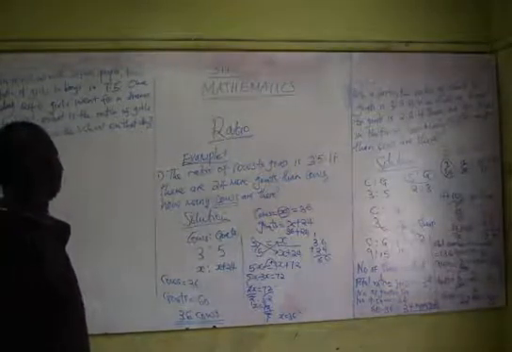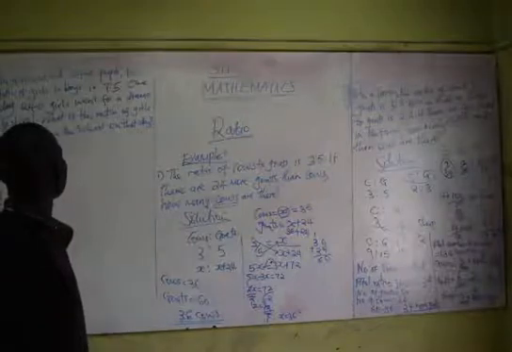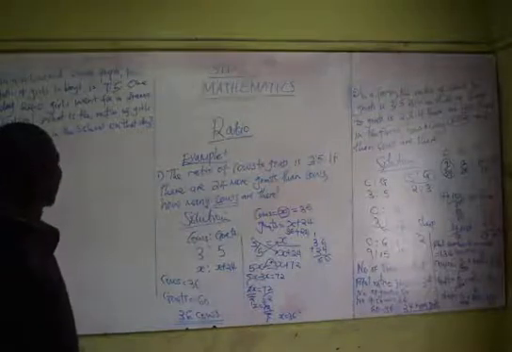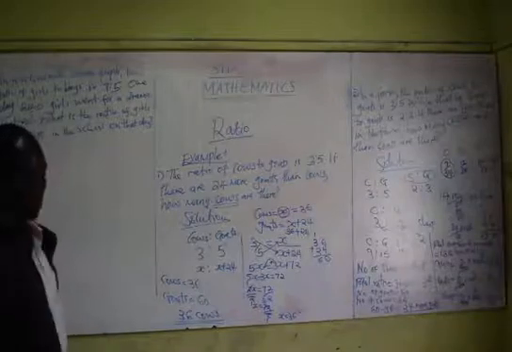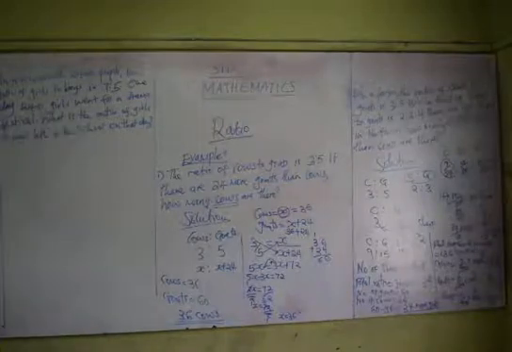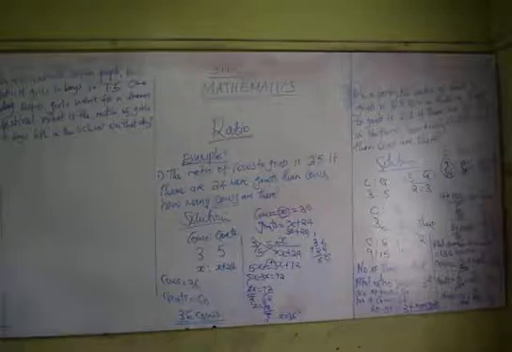Now I want us to look at example number 3. It says, in a school with 2,400 pupils, the ratio of girls to boys is 7 ratio 5.